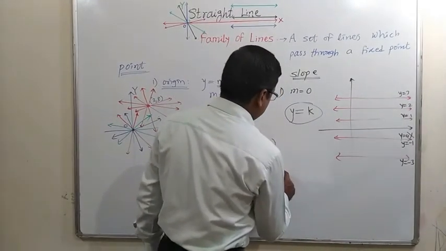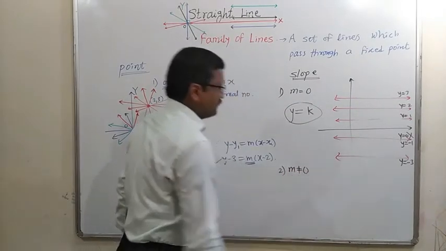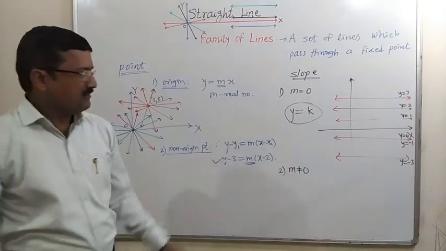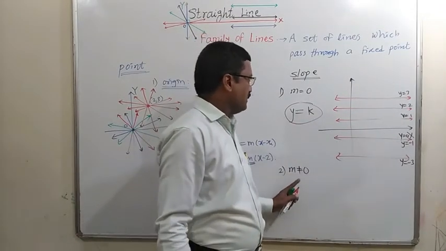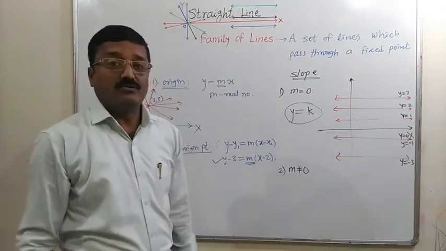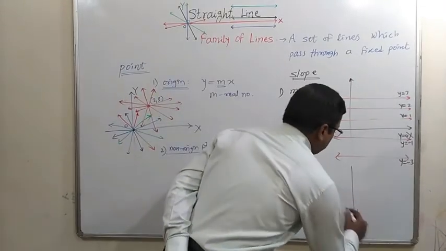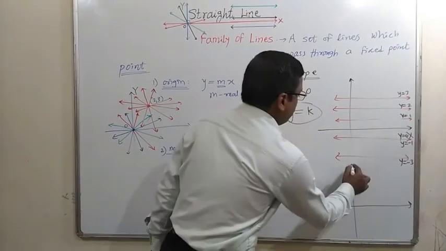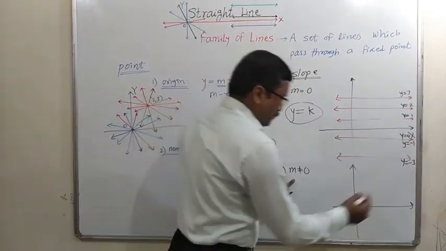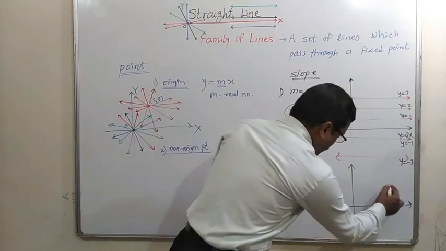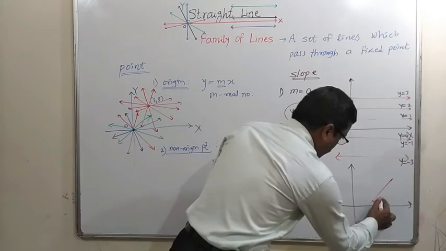Similarly, let us take another case. What will happen if the slope is not equal to 0? If you consider this system once again, the slope is not 0, so the line may be like this, suppose making an angle of 45 degrees.